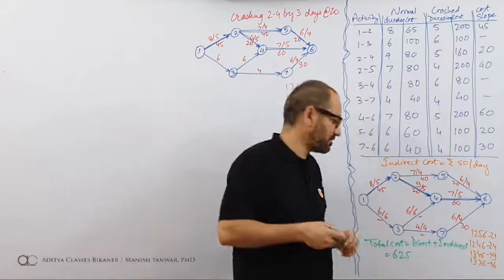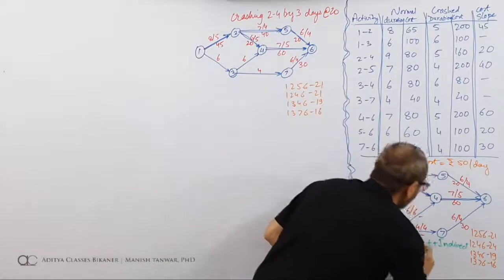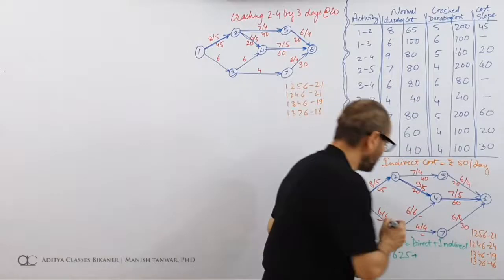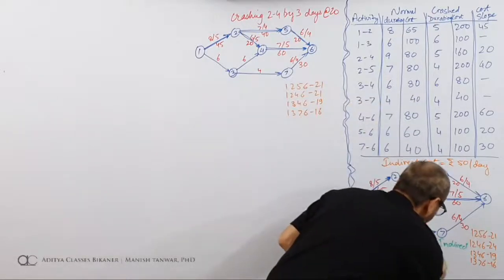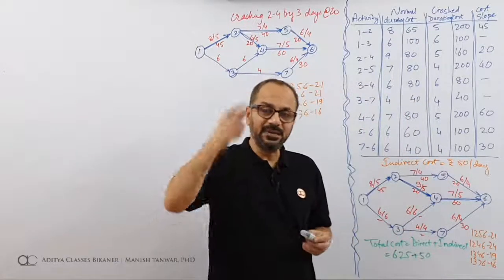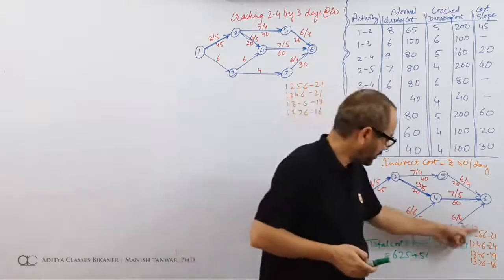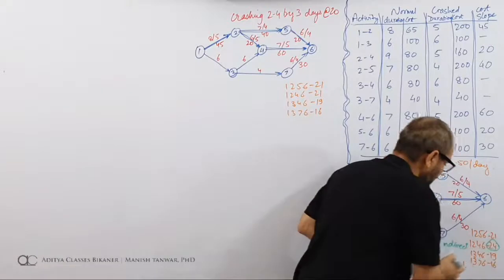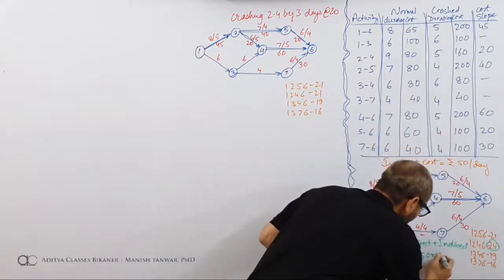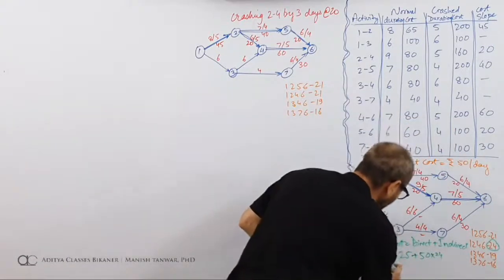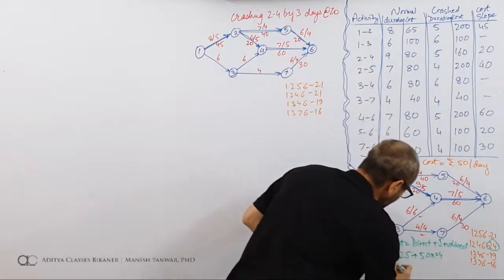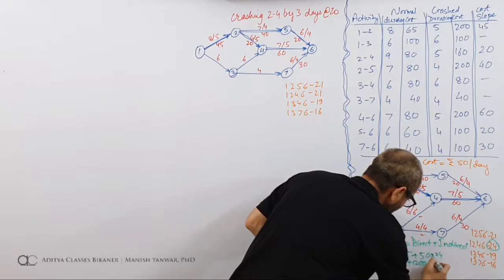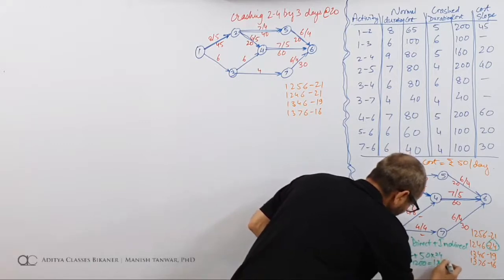What is the indirect cost? Indirect cost is 50 per day. And how many days am I engaged for? I am engaged for critical duration. I am engaged for 24 days. So 50 multiplied by 24, making it 1200. 625 plus 1200, that is 1825.